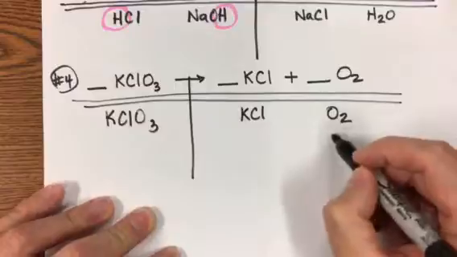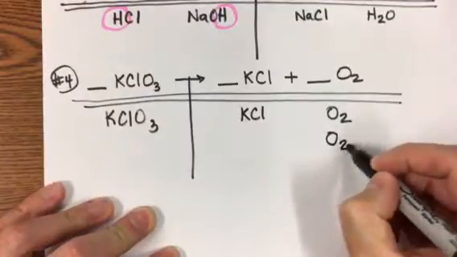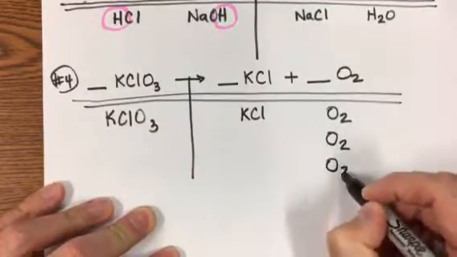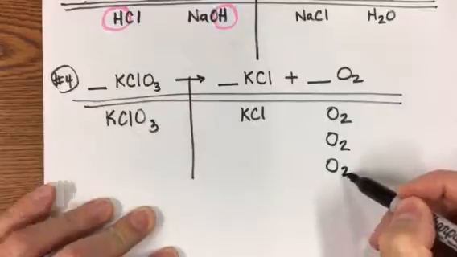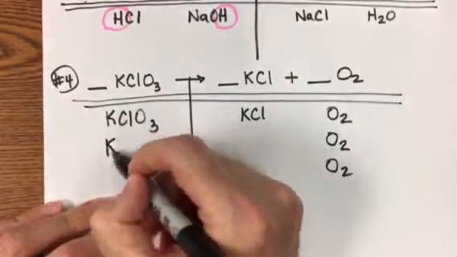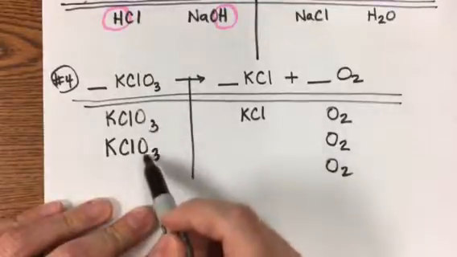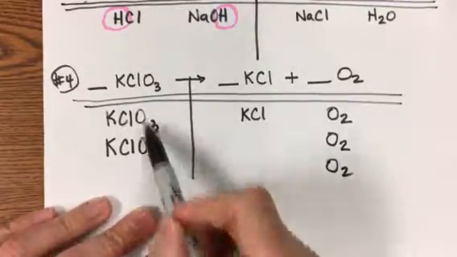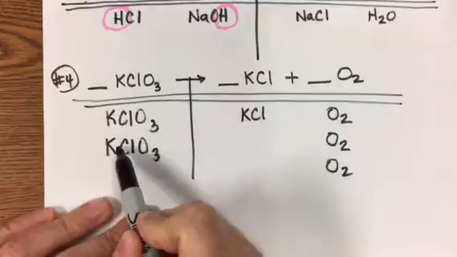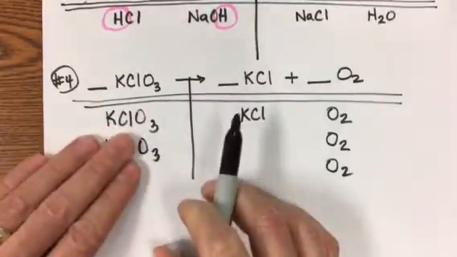This means you're going to have oxygen 3 times on the left-hand side to make 6 oxygens, and you're going to have all of KClO3 twice on the left-hand side to get 6 oxygens. And remember, I cannot just throw down 6 oxygens.